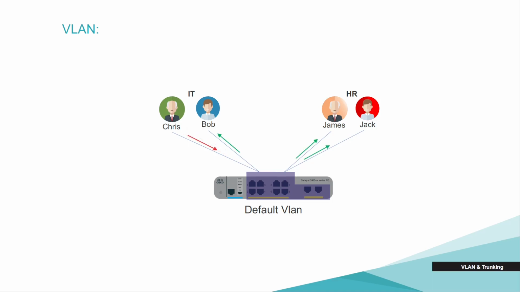In that case, our switch will flood this frame, and even James and Jack from the HR department can receive this frame. The reason is that our switch is located in one LAN.